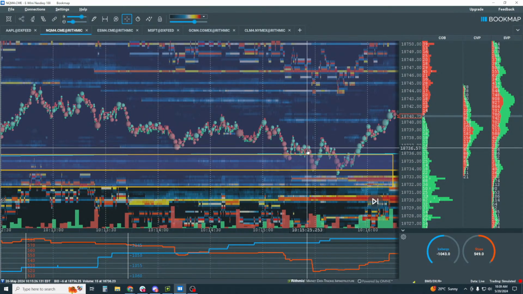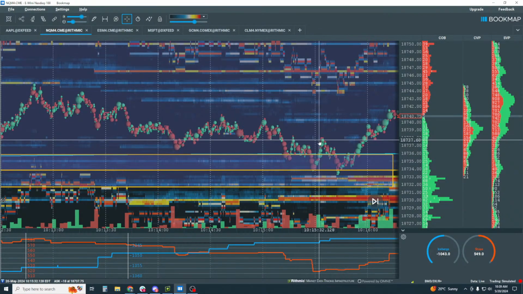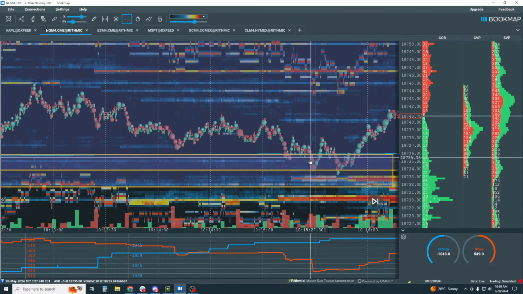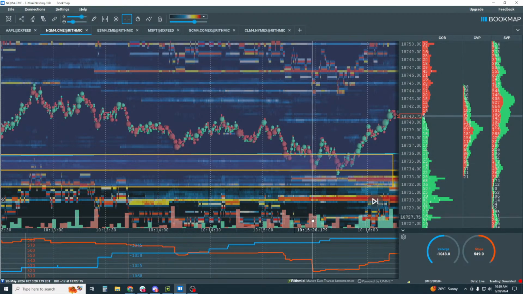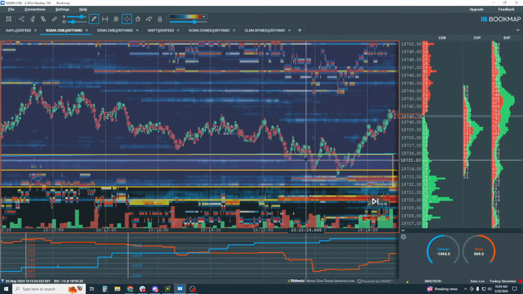So here we have sellers, buyers bring it back up to the swing, can't break it though. Sellers again, but look how much selling in here. Okay, look at the dots and bars over here compared to the dots and bars over here.